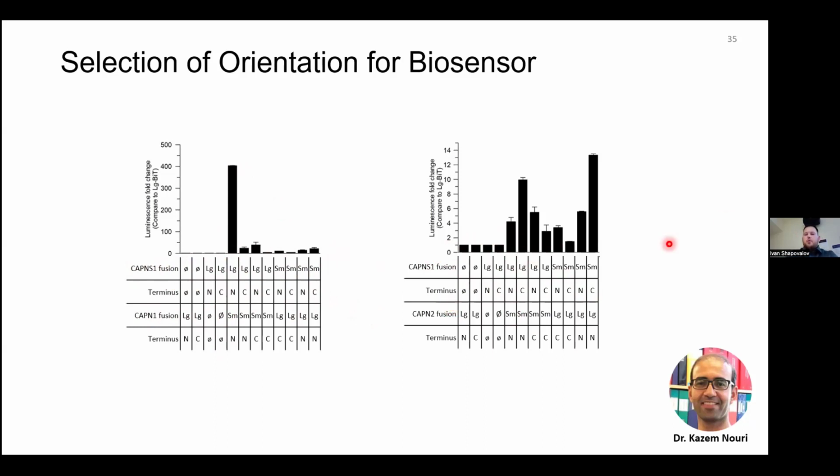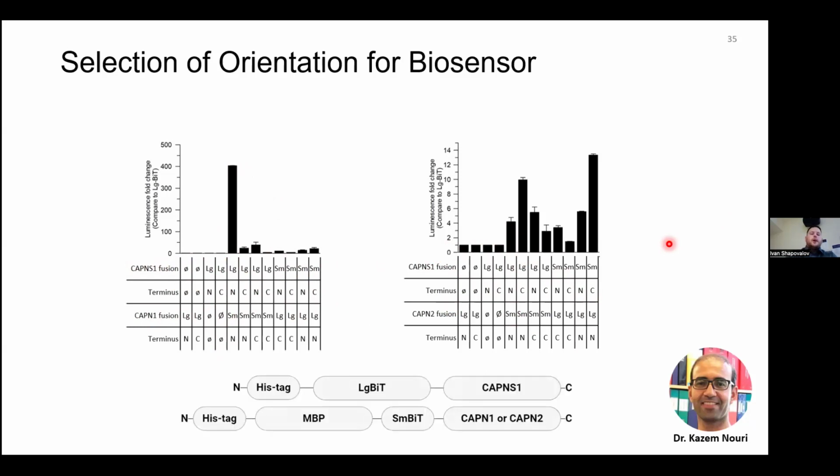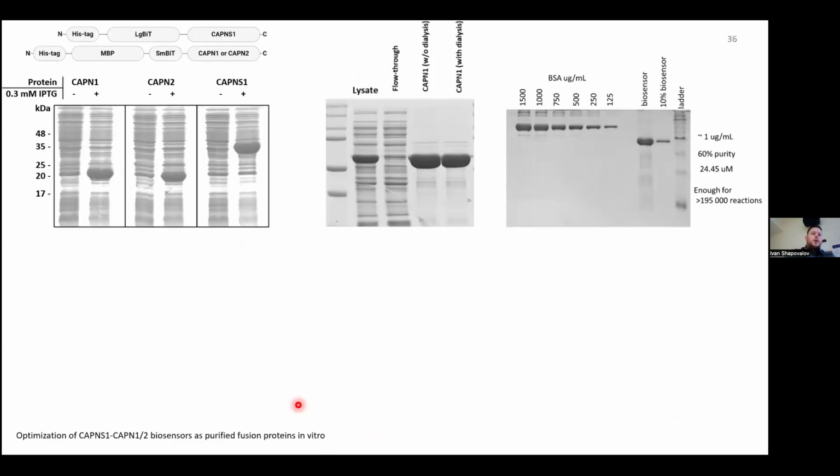From here, we moved on to the bacterial expression system. And the final constructs that we were expressing were as such. Again, N-terminal large bit on Calpain-1, then small bit on Calpain-S1 or Calpain-2. But we also had added histidine tags and a maltose binding protein, which were to act as affinity purification tags. From here, we expressed and purified those proteins.